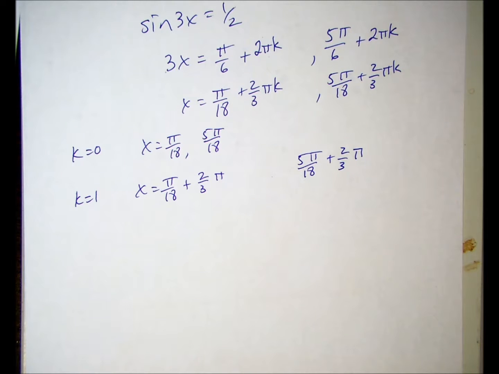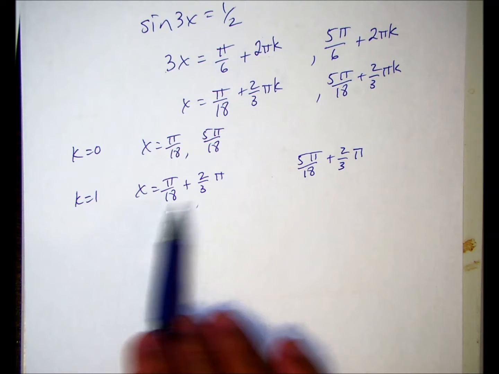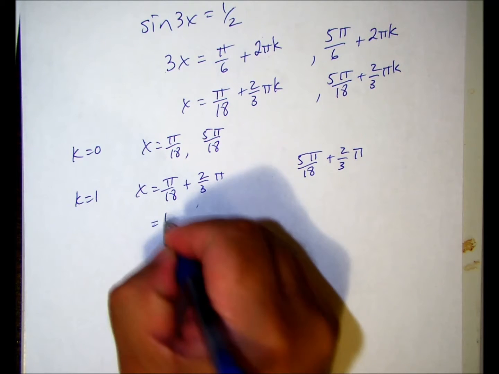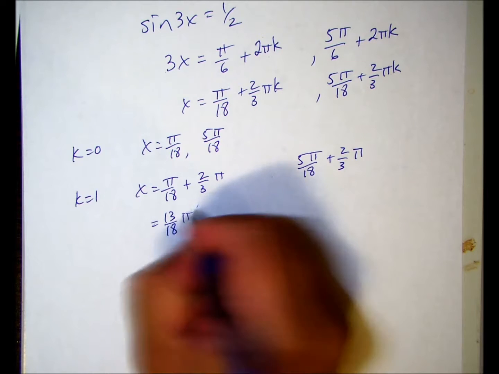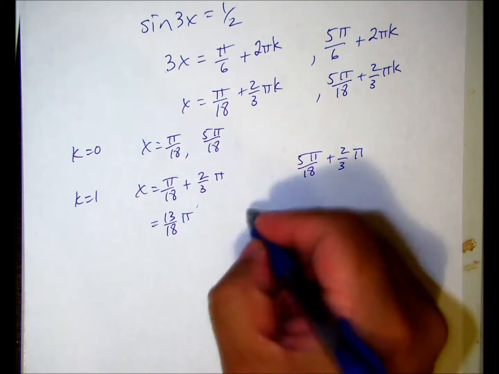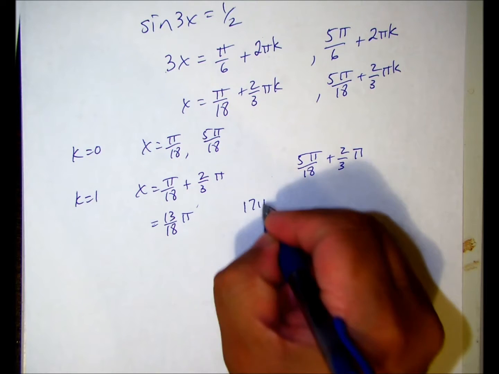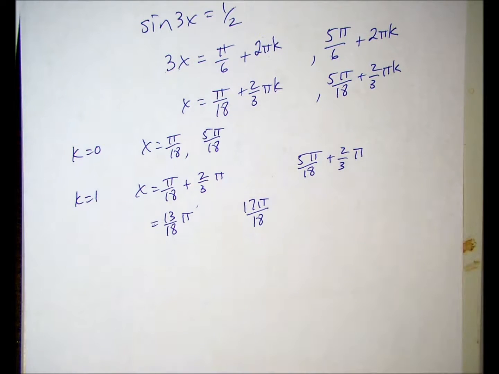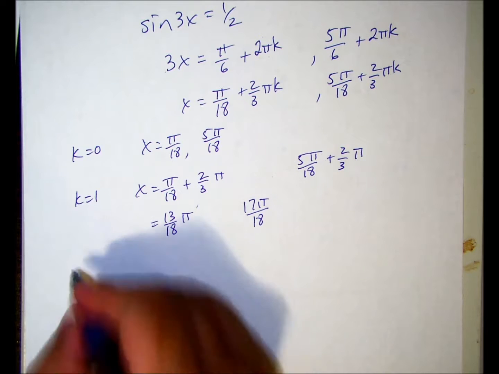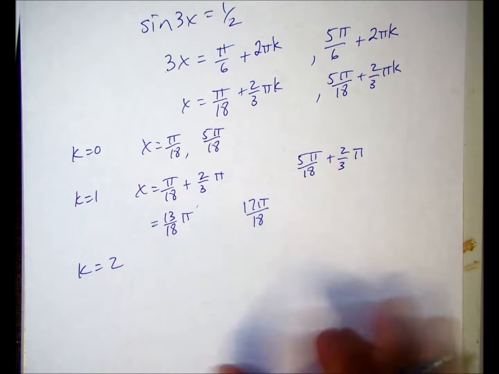And forgive me if I screw this up. That's going to be what, 12 over 18 pi, so that's going to be 13/18 pi, and this is what, 12, so 17 pi over 18. Okay, something like that. I'm sorry I'm not consistent in the way I'm writing my fractions. You'll get over it.